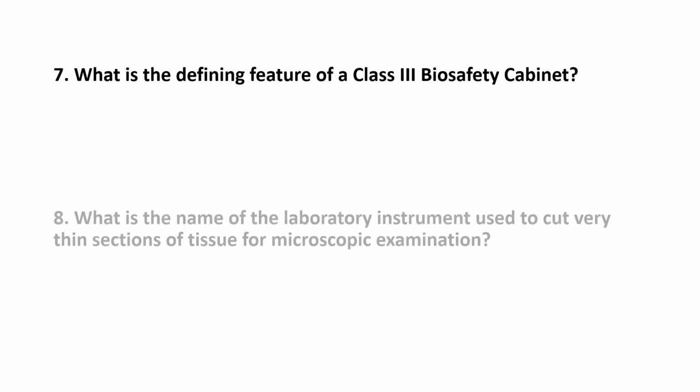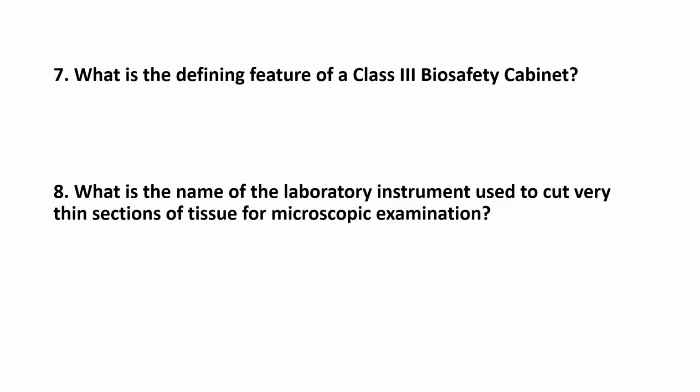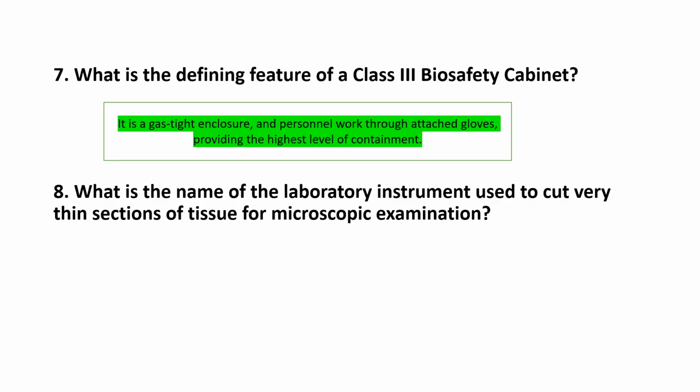Okay, questions number 7 and 8. What is the defining feature of a class 3 biosafety cabinet? Remember, the class 3 biosafety cabinet from the previous tutorial. So what is the feature here? The class 3 biosafety cabinet is a gas-tight enclosure, and personnel work through attached gloves, providing the highest level of containment.